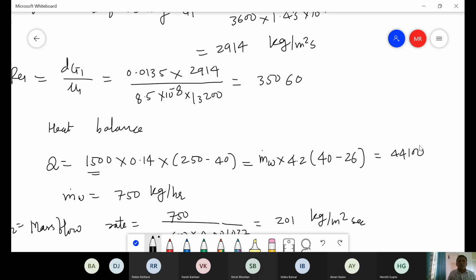But this will be per hour. Remember 1500 is per hour, isn't it? So that we have to convert in per second.